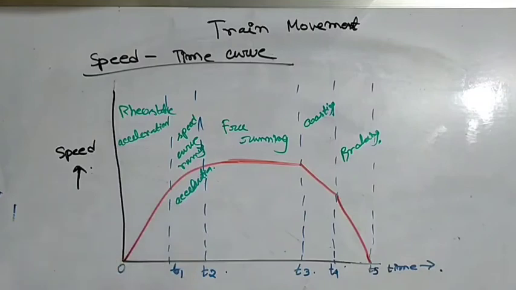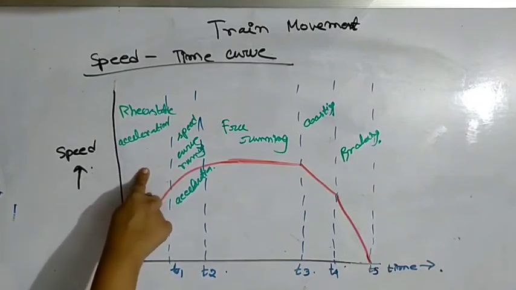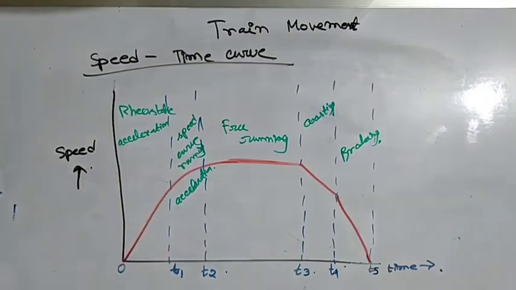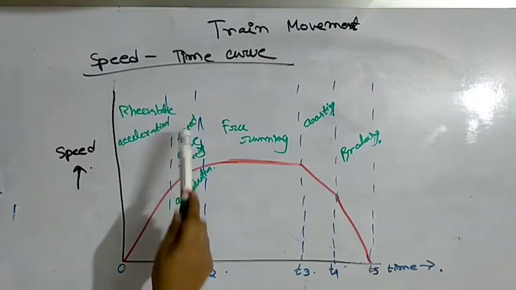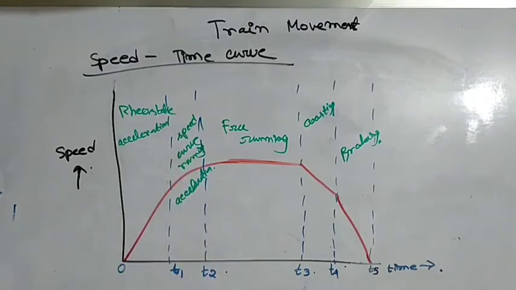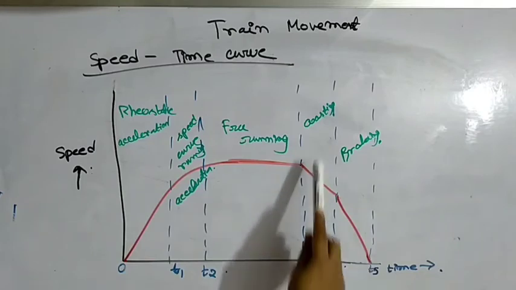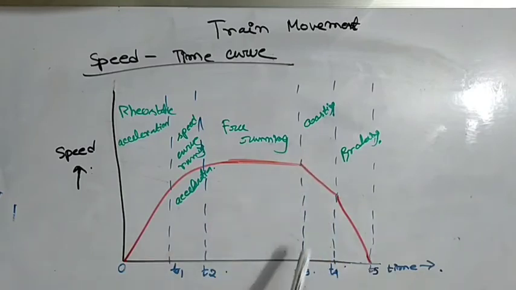This first portion is known as rheostatic acceleration or acceleration while notching. Then the second period is known as speed curve running or acceleration period. And from T2 to T3, this period is known as the free running period. The speed of the train is constant in this period. Then T3 to T4 is known as the coasting period.